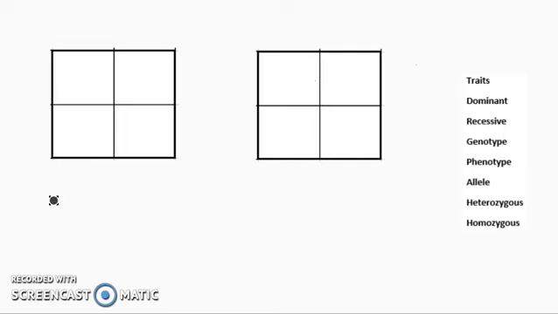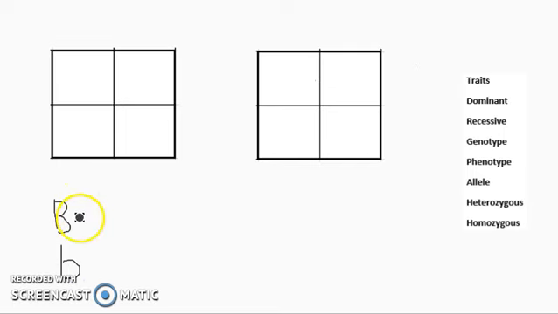And we always represent genotypes using the first letter of the word that represents the dominant gene. Now in this case, maybe a bad example, brown and blue both start with B. So you'll see some other examples where this is a little clearer, but here's what you have. So you have a capital B and you have a lowercase b.